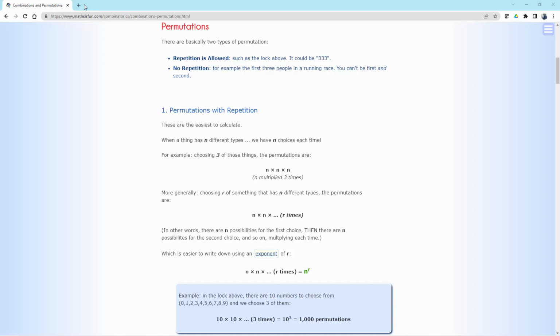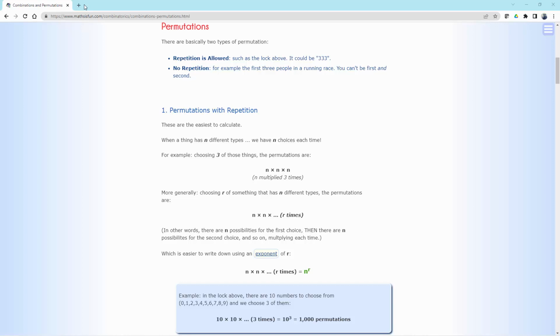In this situation, between 0 and 9, we have 10 different values that we could pick from our dial. So the first number that we pick could be 0 through 9. That's 10 different values. The second dial can be between 0 and 9. Again, 10 different values.